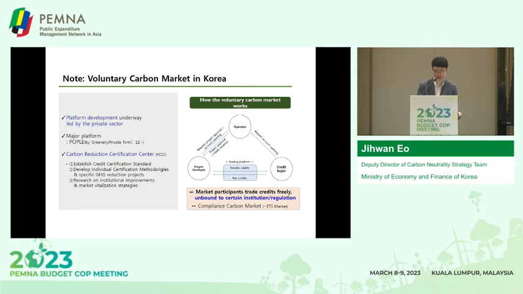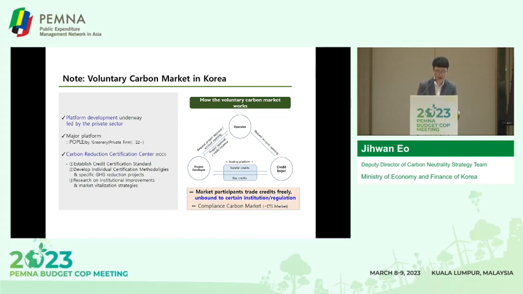This is the end of my presentation on K-ETS. In this last slide, I will briefly cover the voluntary carbon market in Korea, which is in its initial stage of development. As Mr. Forney has described earlier, the voluntary carbon market is created voluntarily by private sector, unlike compliance market like ETS, which is run by government.